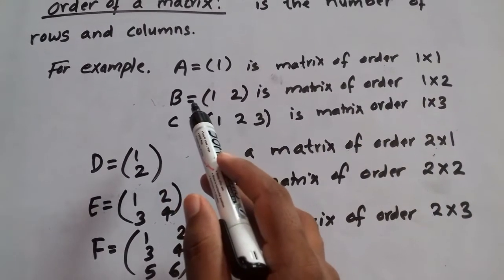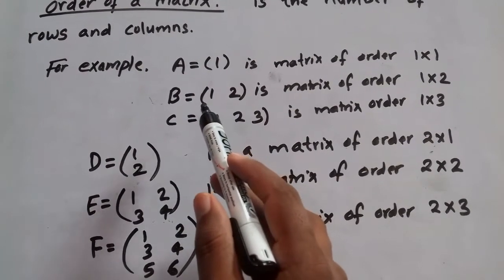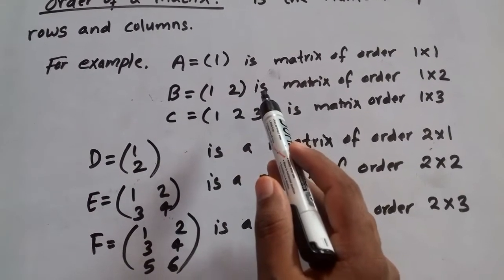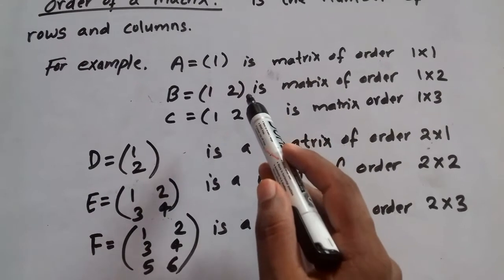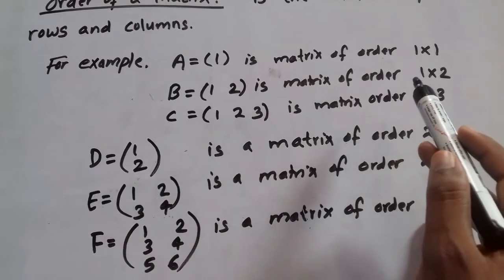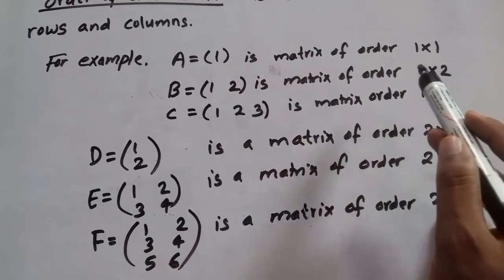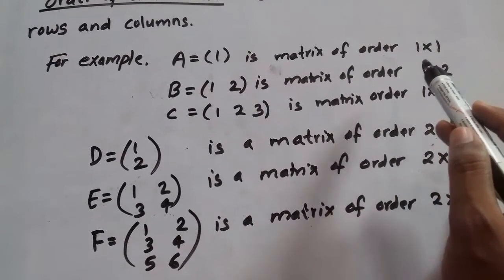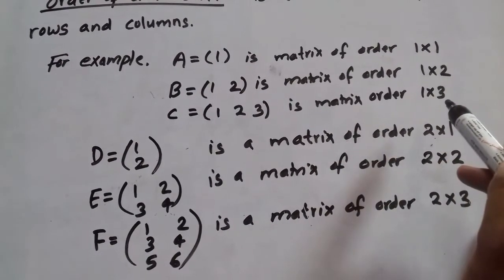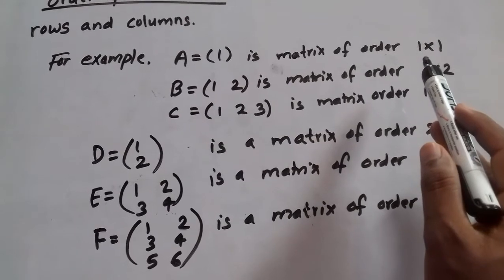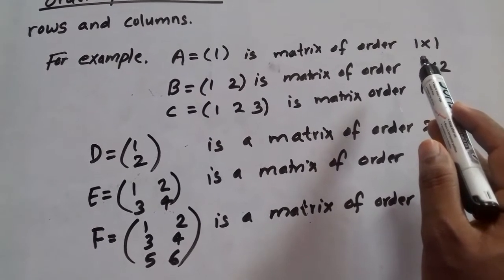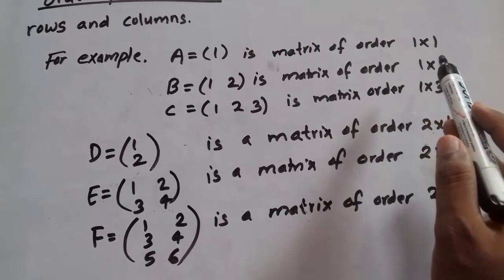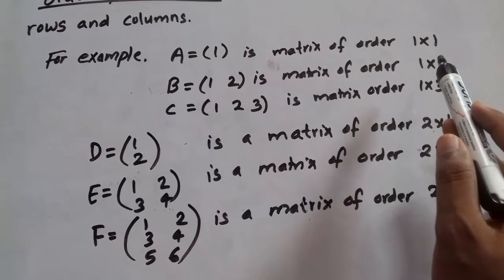In this matrix there is one row and two columns, so the order is 1 by 2. We read this as 1 by 1, 1 by 2, 1 by 3 like this. The first number always represents the number of rows in the matrix, and the second number always represents the number of columns.